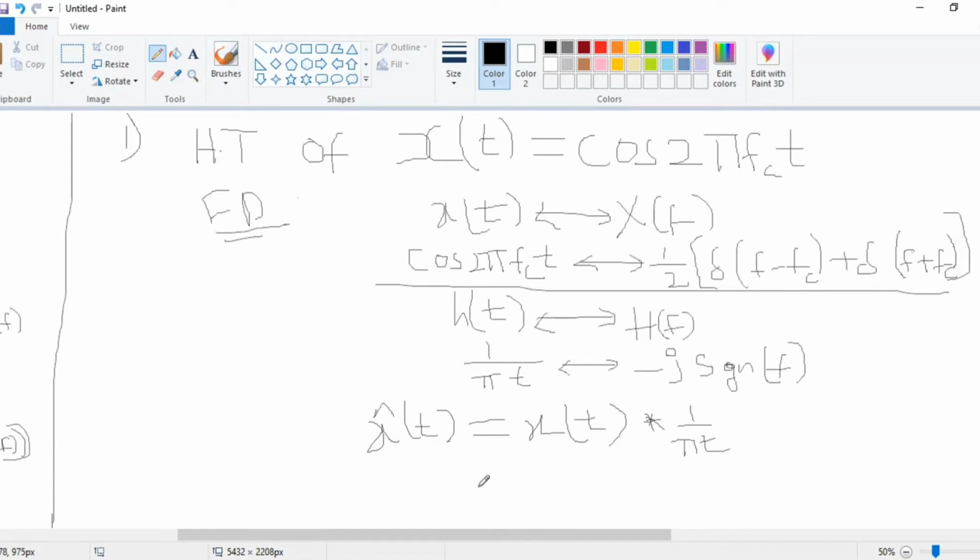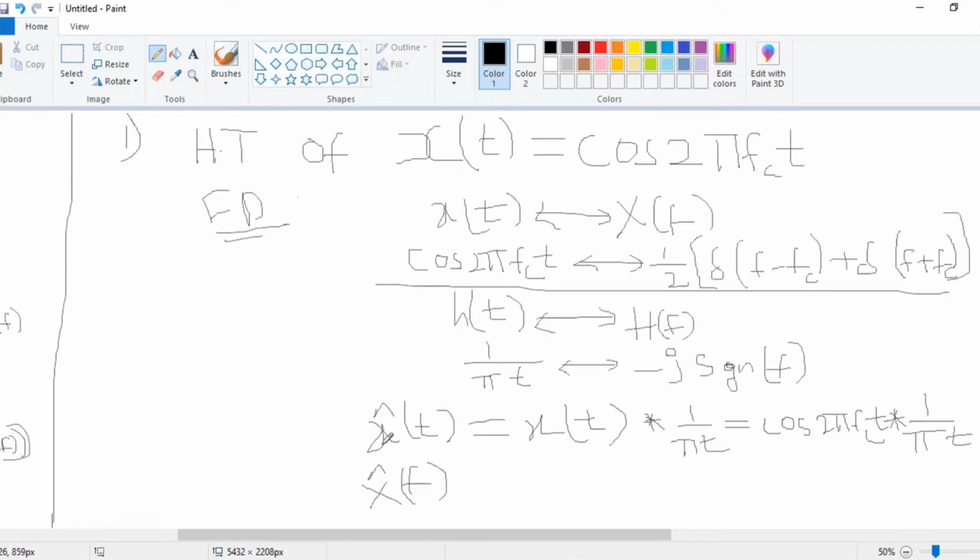which is nothing but cos 2πfct convolved with 1/(πt). Okay, so convolution in the time domain leads to multiplication in the frequency domain.